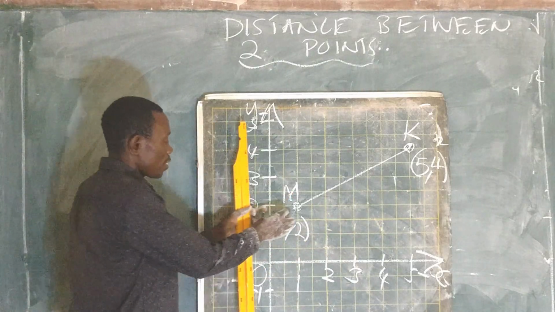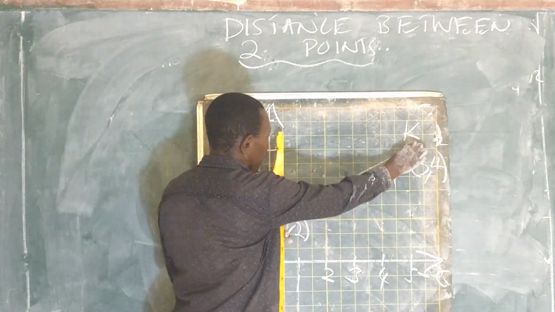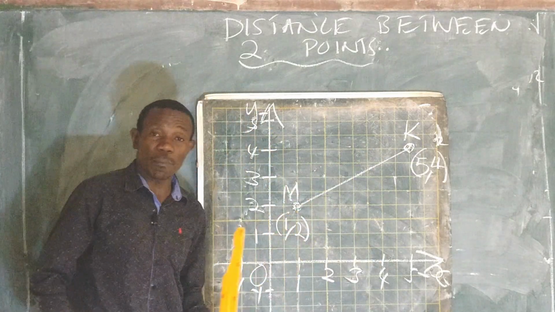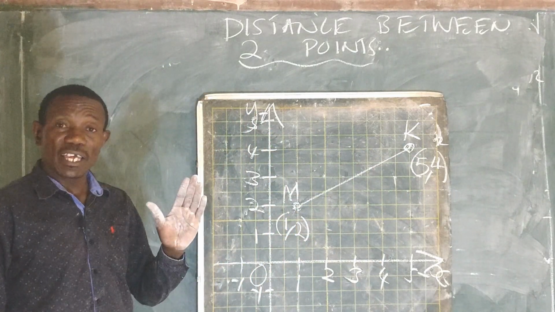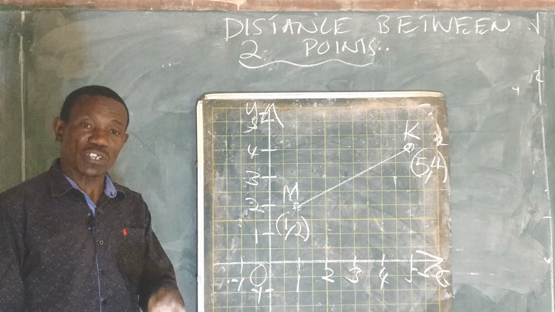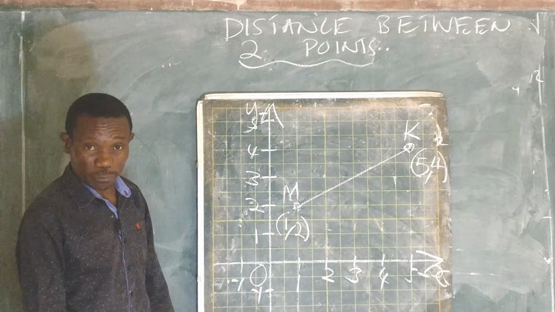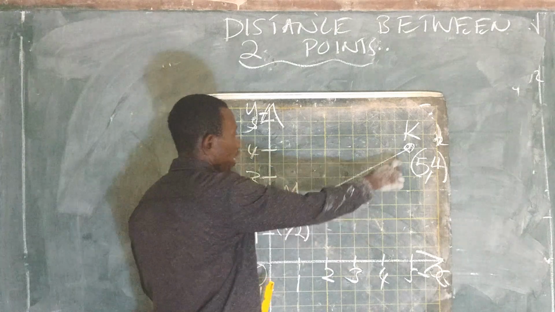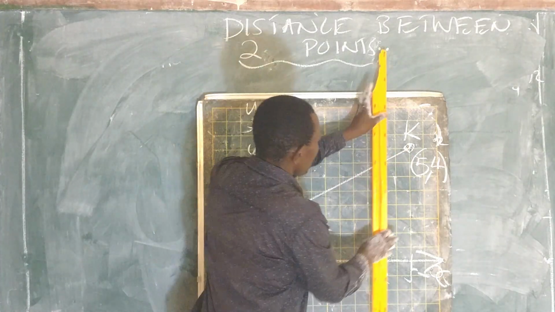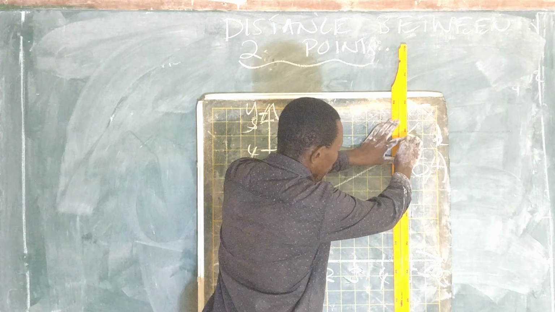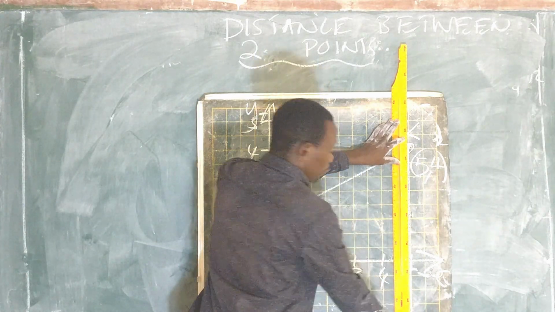My line of interest here is MK. So now I may use M and K to come up with two additional sides, so that with the existing line MK, they form a triangle. Like here at K, I may think of extending K downwards like this by producing a line from K going downwards to anywhere.